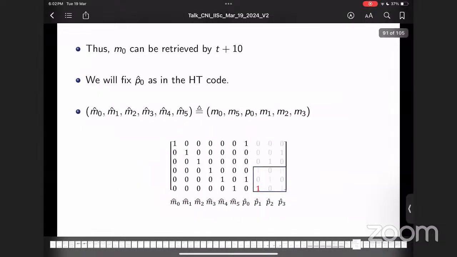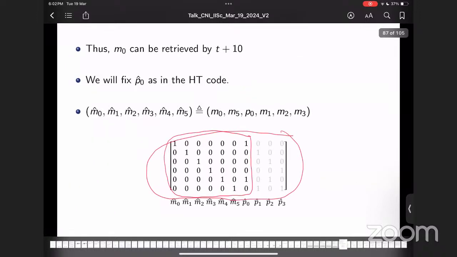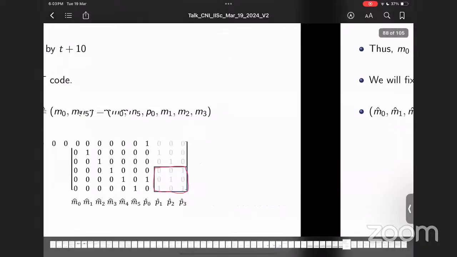I'll just focus my attention on this matrix here, and I'll try to permute the last 3 columns such that it contains an identity matrix. I'll explain what I mean by that in the next slide.